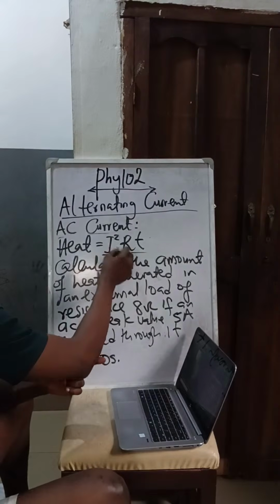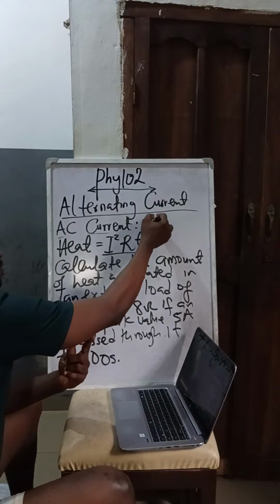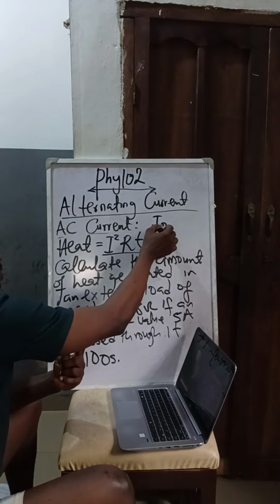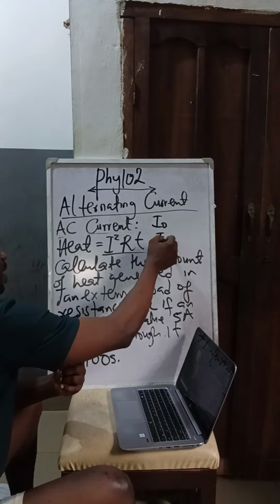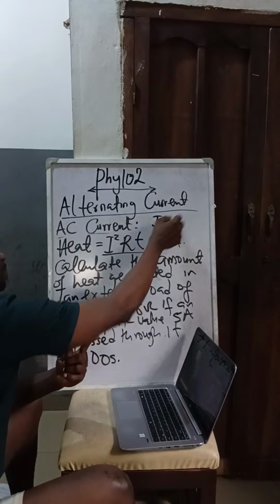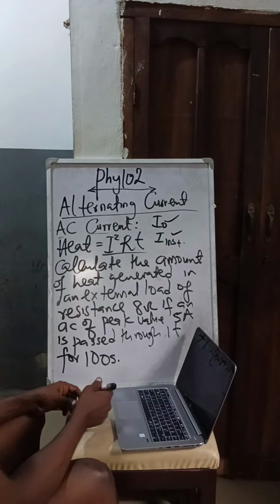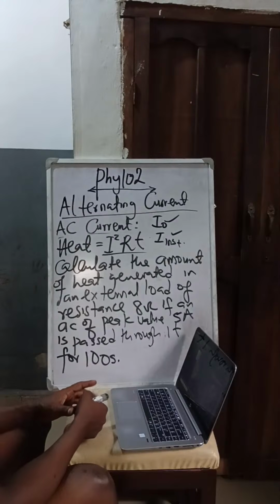So if you are given peak current, you can easily find instantaneous current. So this is peak current, this is instantaneous current. They are not the same.